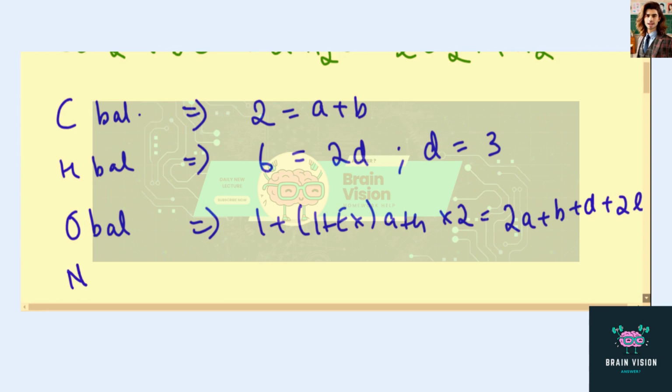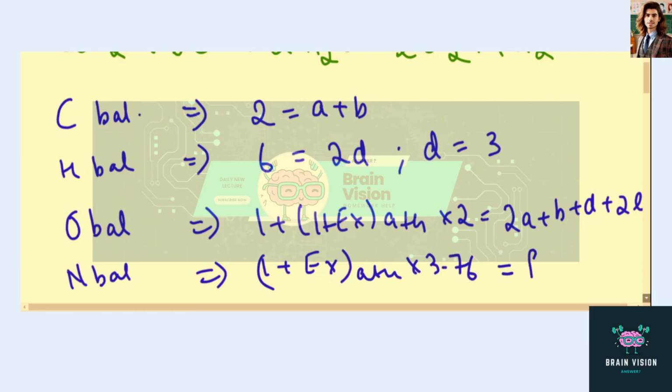And the nitrogen balance is (1 plus Ex) a into 3.76 equals F. So these are the mass balances that we have got.